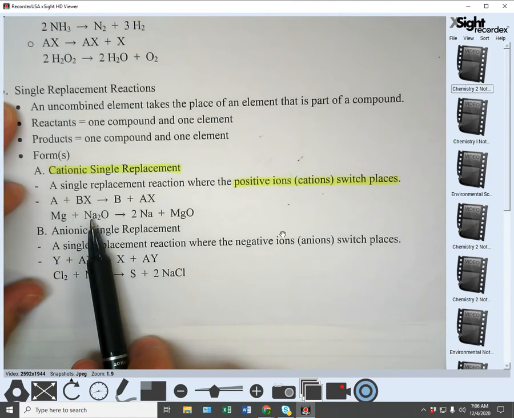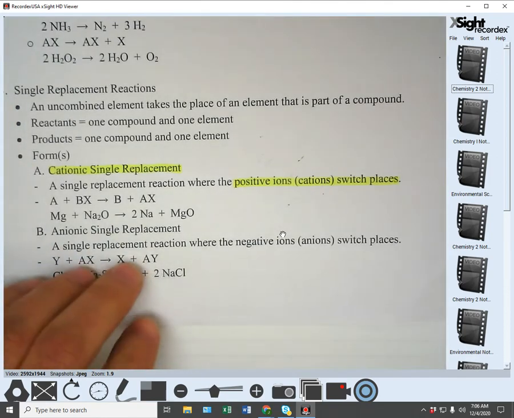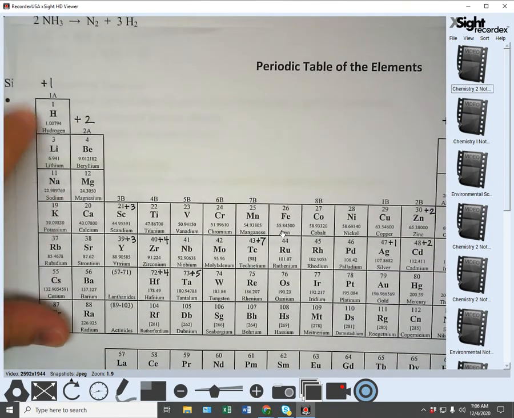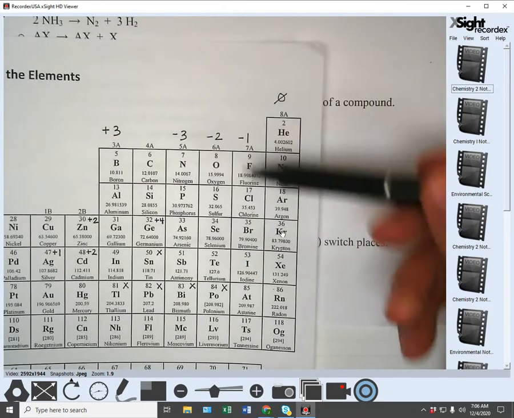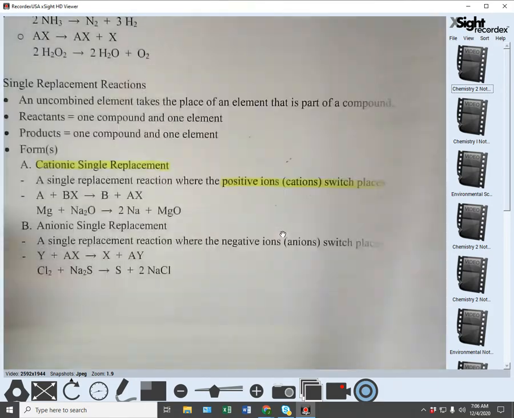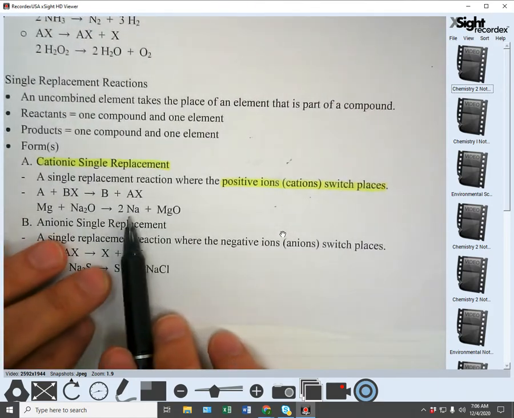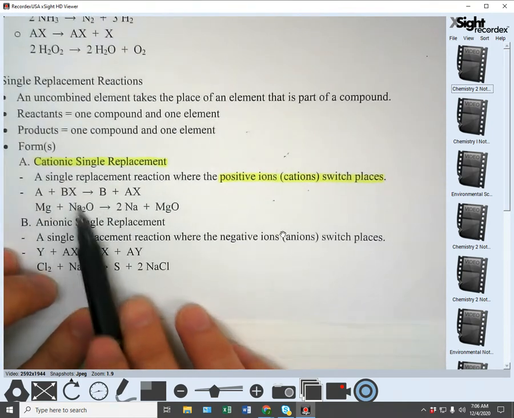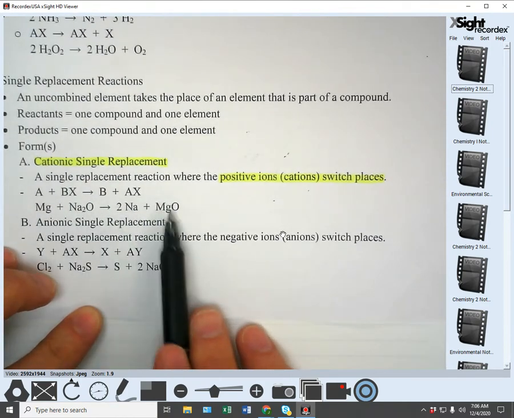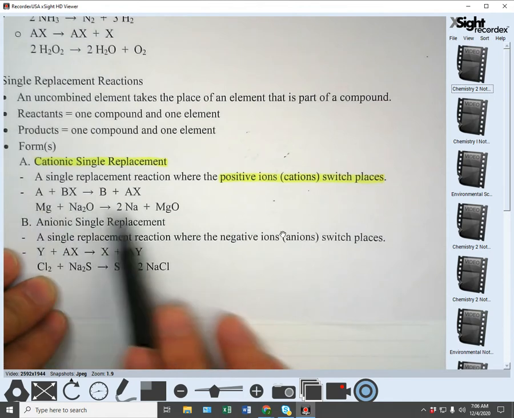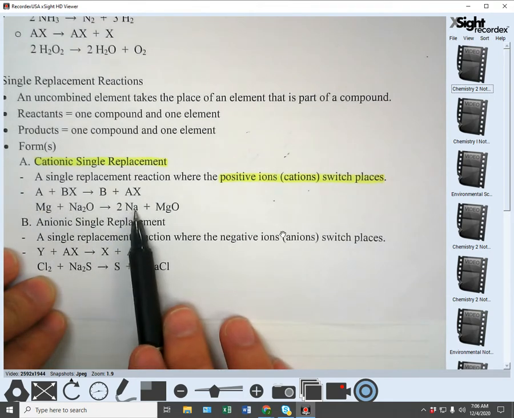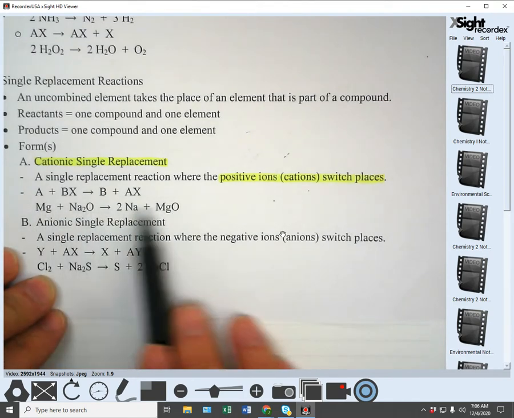Sodium and oxygen, sodium oxide. Sodium is the +1. Oxygen is the -2, right? So the magnesium and the sodium switch spots. The sodium now comes out and is alone by itself, and the magnesium now combines with the oxygen.